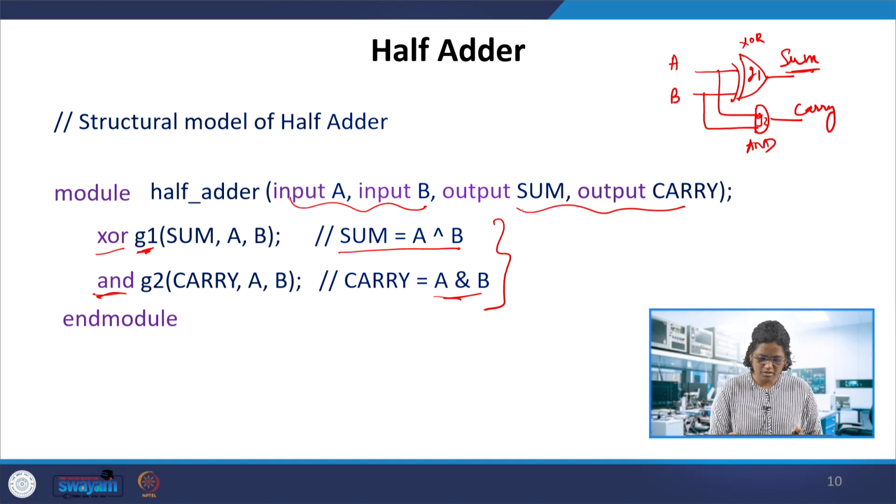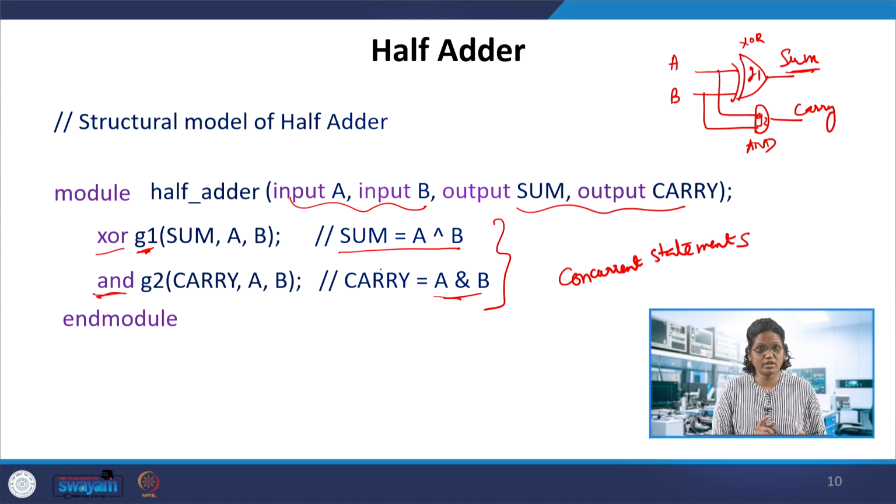These are called concurrent statements. The order in which they appear doesn't matter, so the AND gate can be written first and then the XOR. Unlike a sequential program, in the structural model we have these concurrent statements.